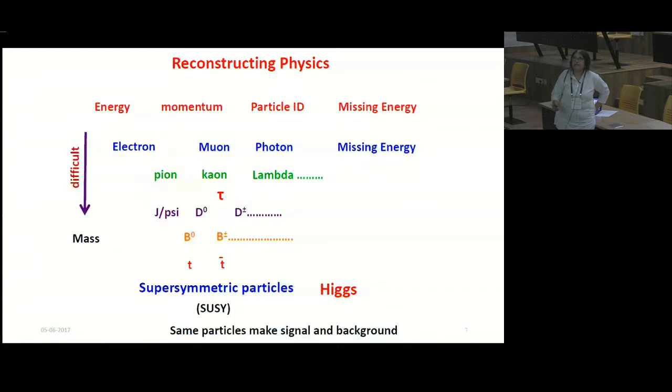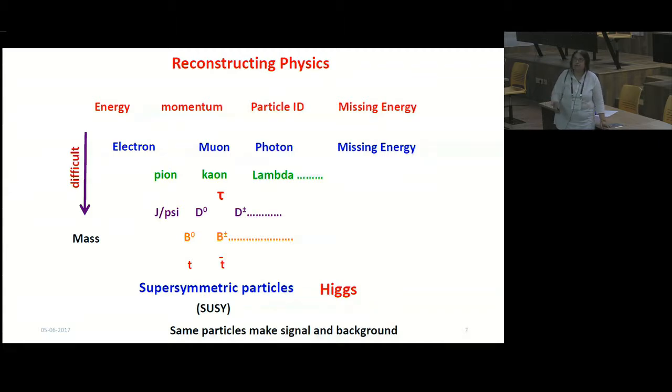And then I just have a very simple slide to tell you the difficulty in constructing these various elements in our experiments. And we start here. So the initial things that we of course measure are the energy, the momentum, and do some particle identification, and of course measure the missing energy that is there in our detector after every collision.